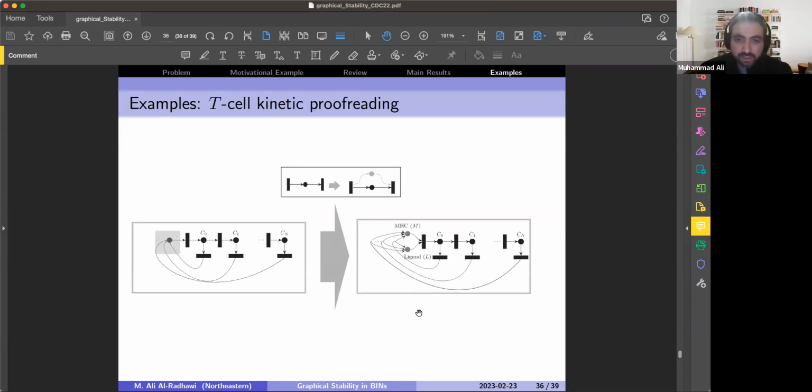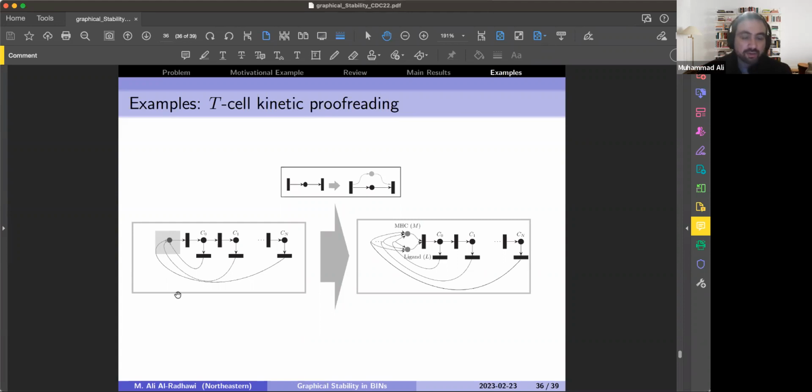This is another network. The one on the right is known as the T-cell kinetic proofreading network. Eduardo Sontag has published a well-known paper in 2001 analyzing this network using zero deficiency methods, complex balance methods. But using our methods, we can see that the MHC molecule and the ligand, using our notation, are just dimers of each other.